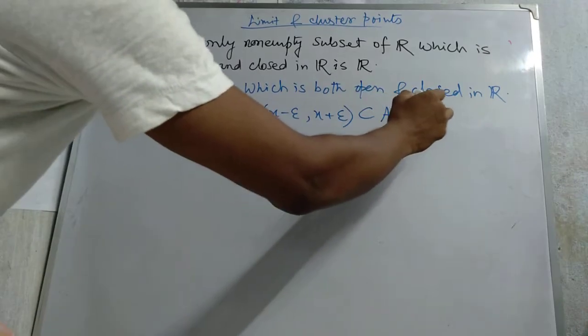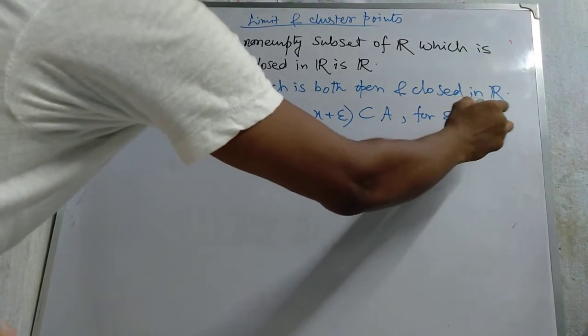Then let x belongs to A. This implies that (x minus epsilon, x plus epsilon) is a subset of A for some epsilon greater than 0.